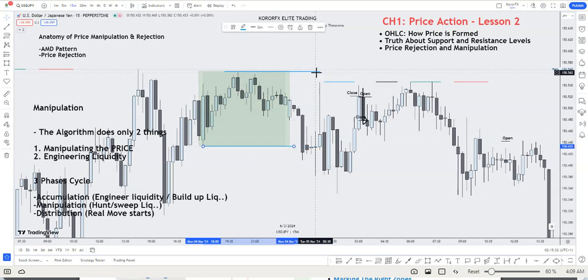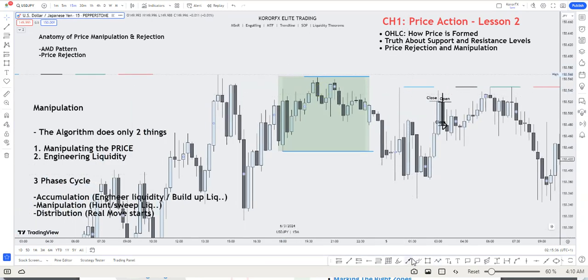So I want to show you the AMD pattern here. There is a process. This is phase one. Let me call it, okay, one, and this is manipulation phase one.